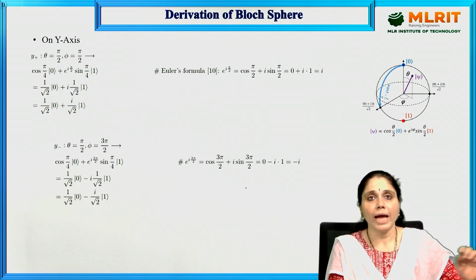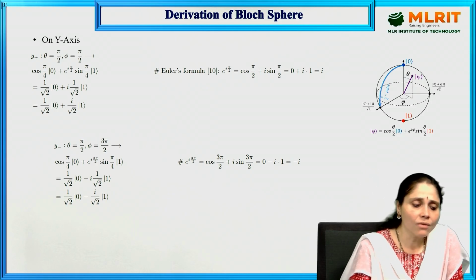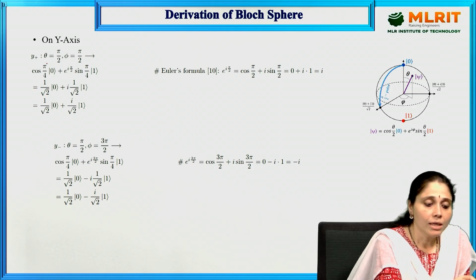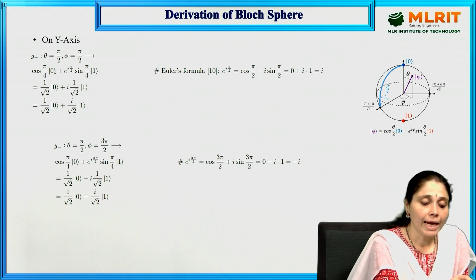Now on the y-axis, what happens here? Let us consider the y-axis situation, y plus. Y plus is theta equals pi by 2, phi equals pi by 2 in case of the y-axis. So cos pi by 4 ket 0 plus e power i pi by 2 sin pi by 4 ket 1. So 1 by root 2 ket 0 plus i times 1 by root 2 ket 1.